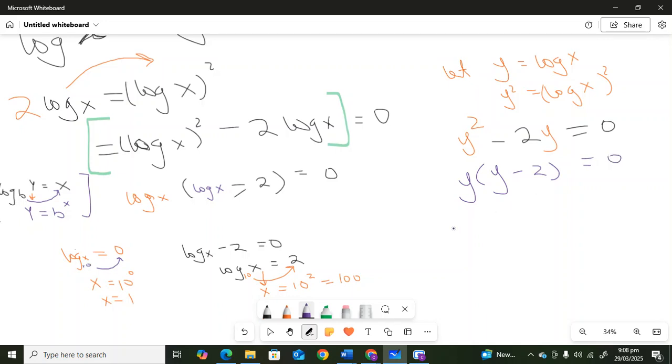So we have two solutions here: y equals 0, or y minus 2 equals 0, therefore y equals 2.